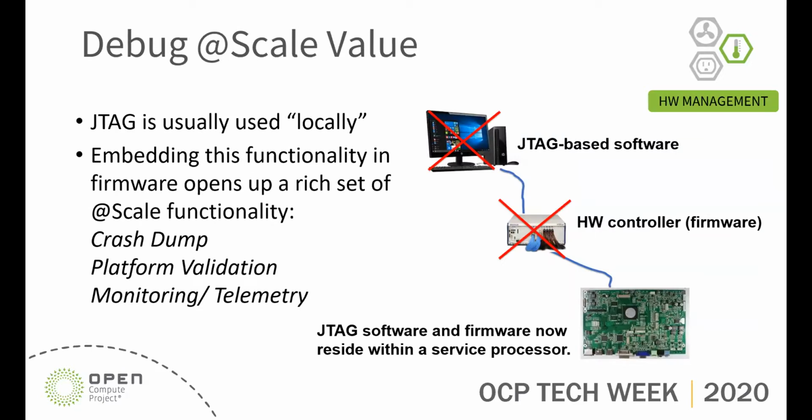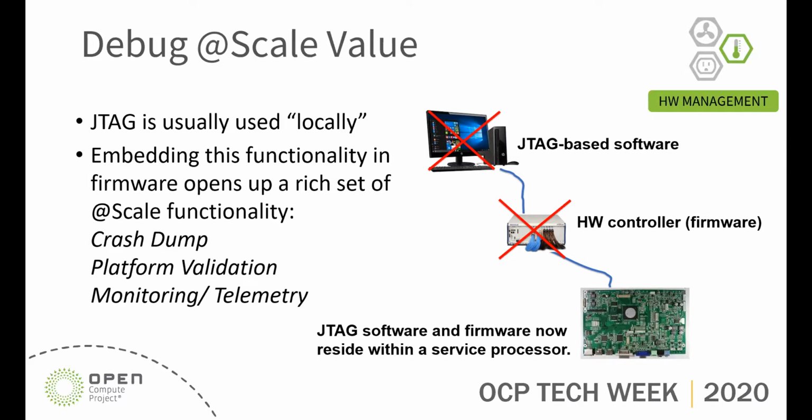The value of that is really debug at scale. We always think of JTAG as being deployed locally. There's a workstation or PC on your benchtop, connected into some sort of hardware controller or pod over a USB or Ethernet northbound connection. And then there's a little ribbon cable that interfaces to the debug port, the debug header that's down on the board itself.